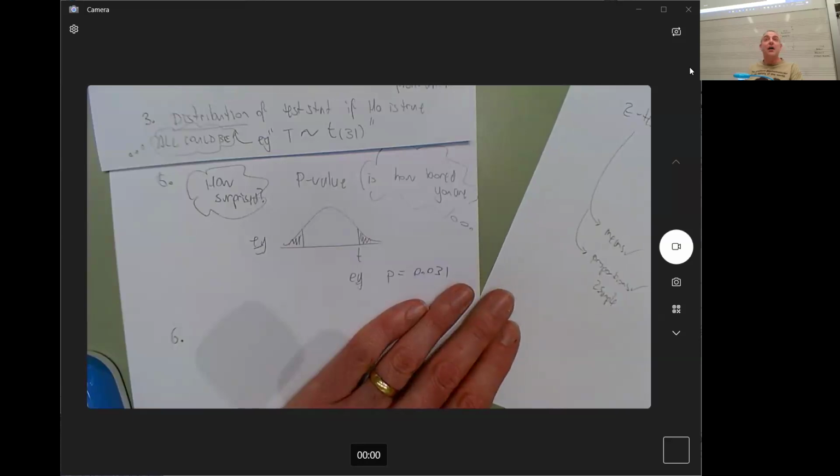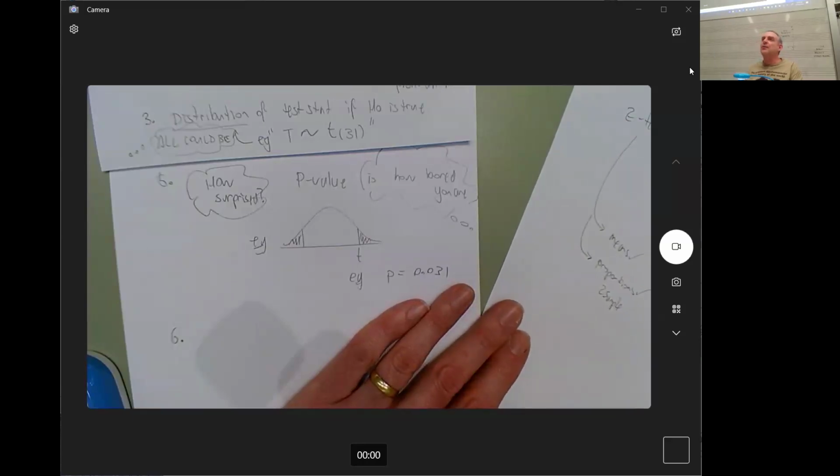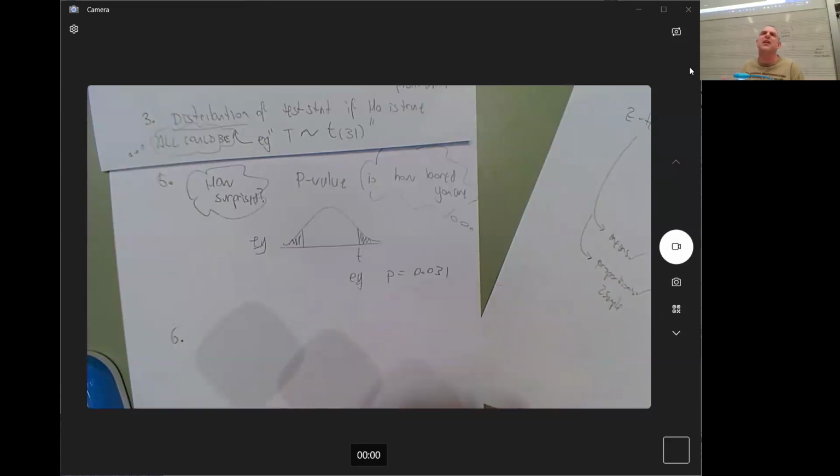But if the number is very high, you say, yeah, totally could have happened if the null hypothesis was true. Maybe it is. Now, you don't say it that way, but that's the idea. You never 100% reject it. Do they use the word retain in this course? Retain, yeah. You either reject the null hypothesis or you retain it.